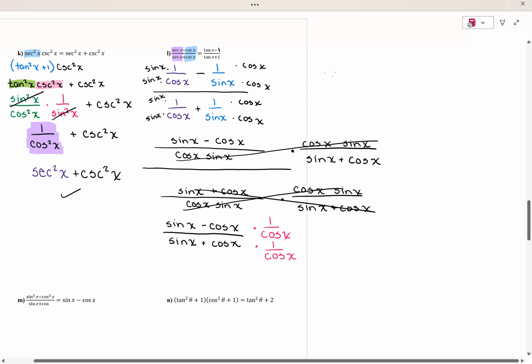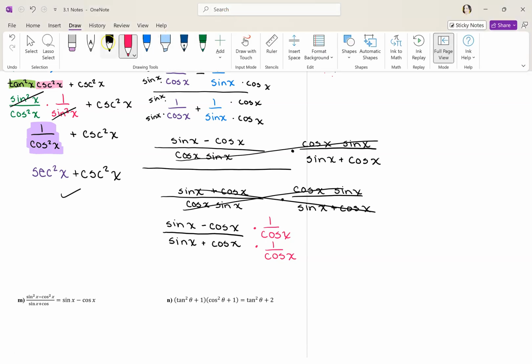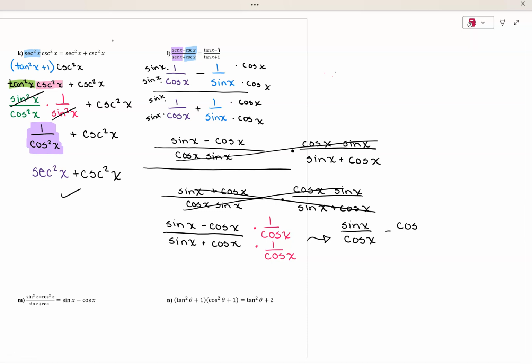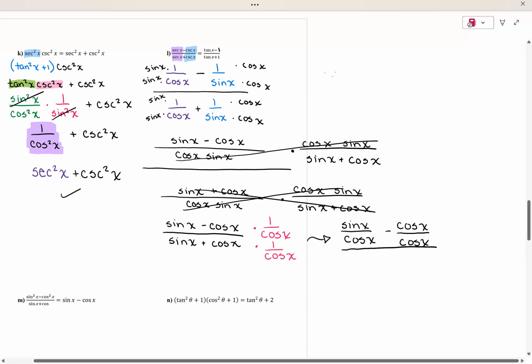Okay, because I'm running out of room, I think I'm going to take the problem this way. So that means we're going to get sine over cosine minus cosine over cosine all over sine over cosine plus cosine over cosine.